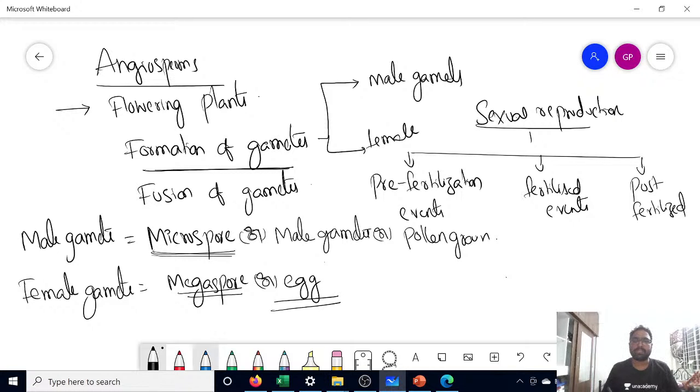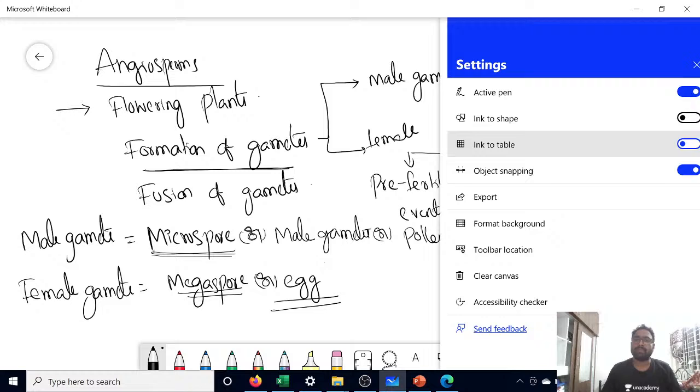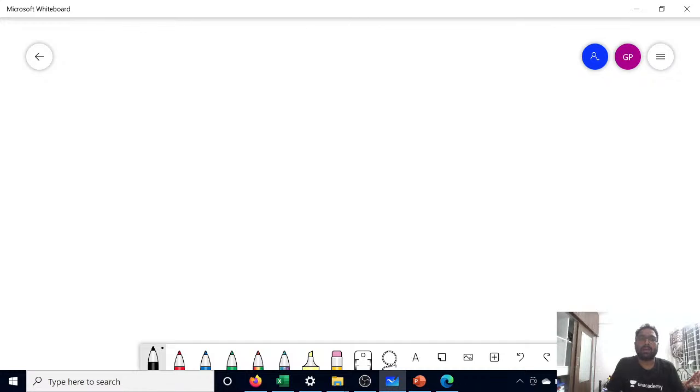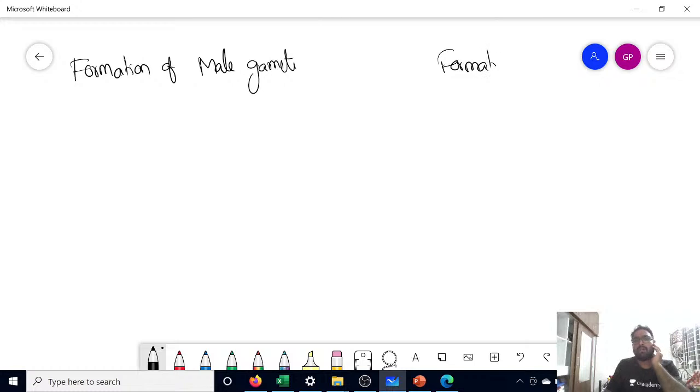Now students, just focus here. What we are going to talk about now is the formation of the male gamete on one side, and on the other side, the formation of the female gamete.